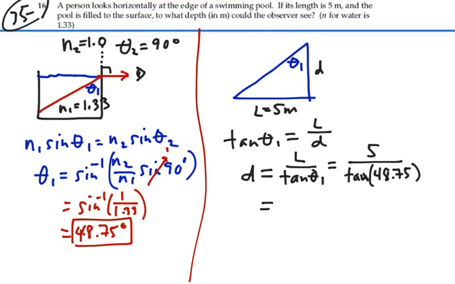So if I figure that out, tangent, that times 5, 4.38 meters. So D is 4.38 meters. If we were an observer at the horizontal edge of this pool, we could see to a depth of 4.38 meters.